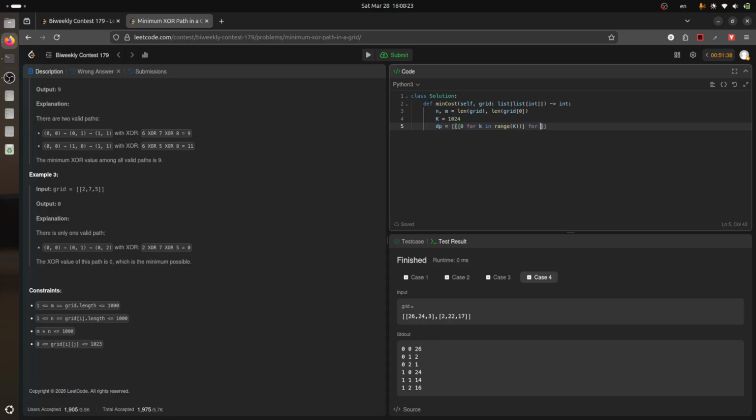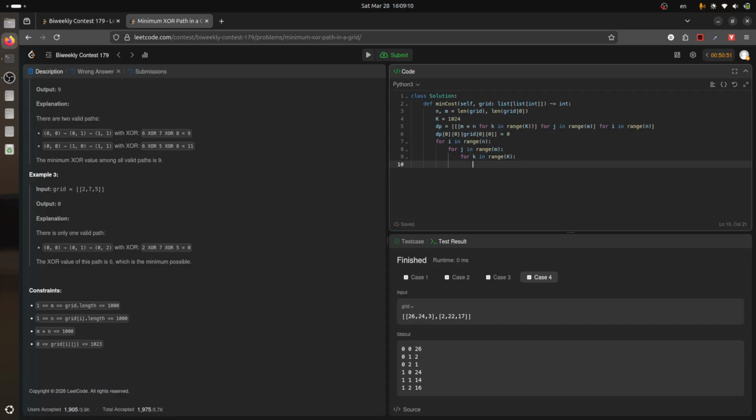Because the XOR can only be that. For j in range m, for i in range n, and now dp[0][0][grid[0][0]] is 0, and otherwise it's, let's call it m times n, so that it doesn't get picked up. And then for i in range n, for j in range m, for k in range K.